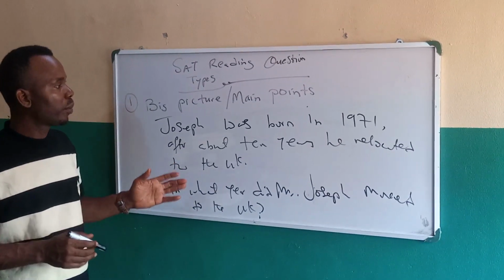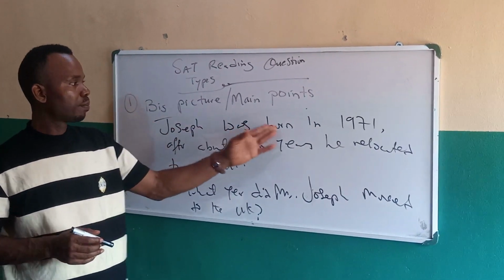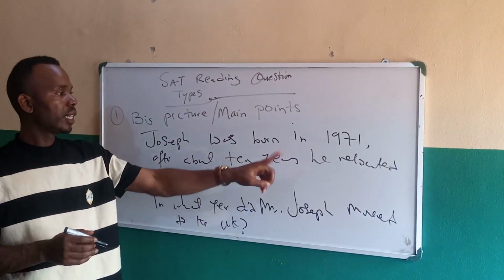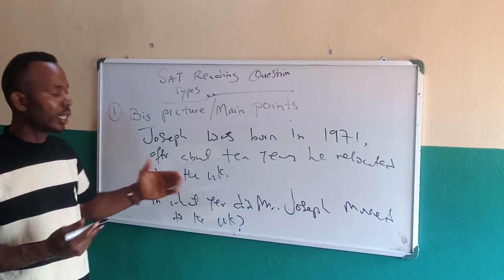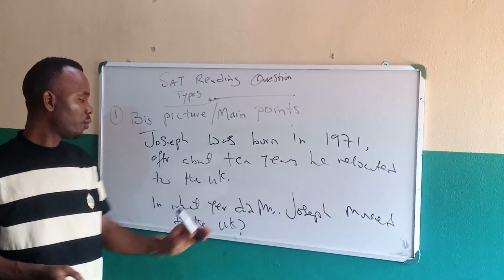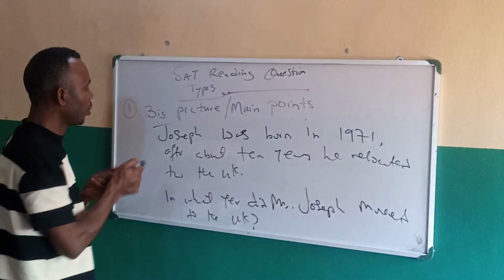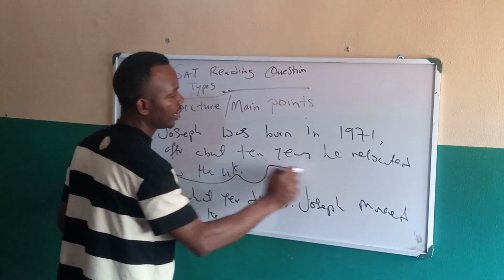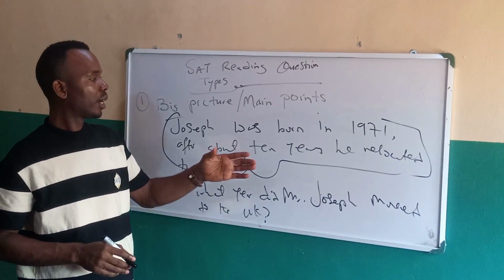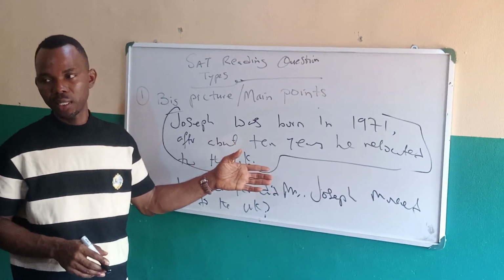So for example, we have this. Joseph was born in 1971. After about 10 years, he relocated to the UK. Now the question is, in what year did Mr. Joseph move to the UK? If you look at the passage, the year that he moved to the UK was not expressly written, all right?